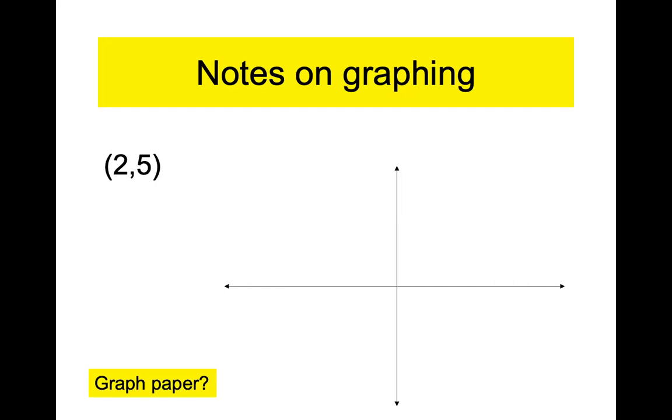From here, I need to go up how many? 5. So I go up 1, 2, 3, 4, 5, trying to make the spaces exactly the same. I can't be perfect, it's not going to look pretty. If I go to where they intersect, it's probably not perfect, but it's darn close.